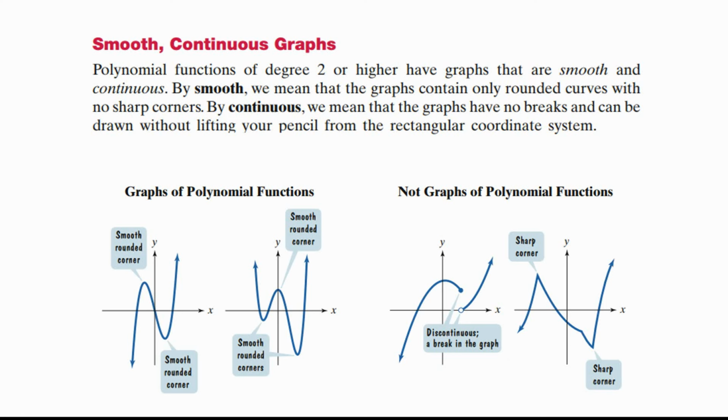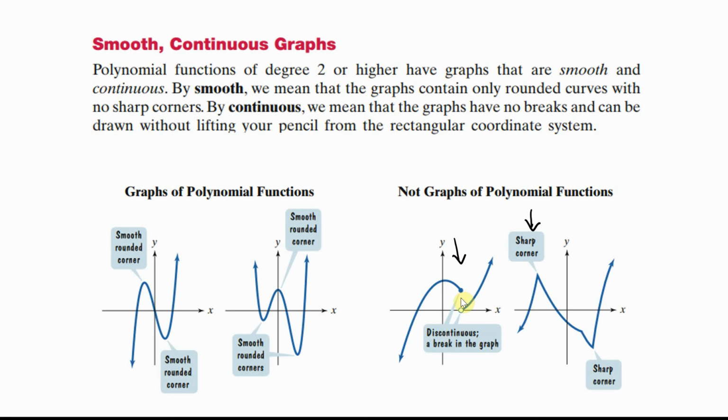So here, smoothness simply means that the curve has no breaks, no sharp turns, like a sawtooth, like it takes a dive. Look over here on the right, you see these sharp turns and corners. Well, those graphs are not smooth, and we call them discontinuous. Here, this particular graph has a jump.